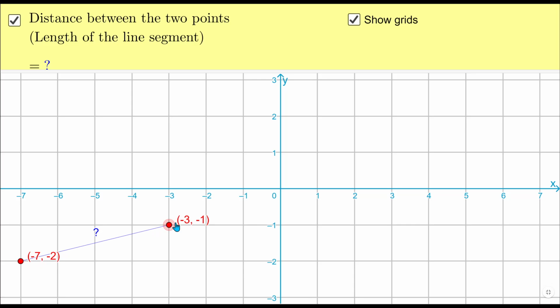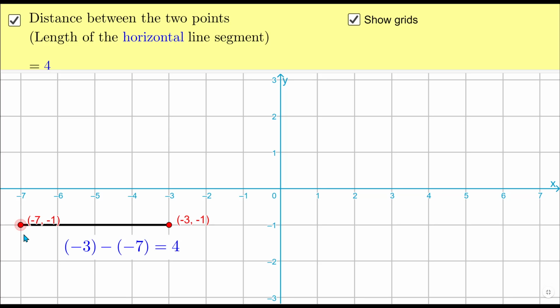We could take the 7 and the 3 to get 4, and the 2 and the 1 to get 1 in our special triangle. 2 negatives give us 4, and these 2 negatives, well, they give us nothing in that case.